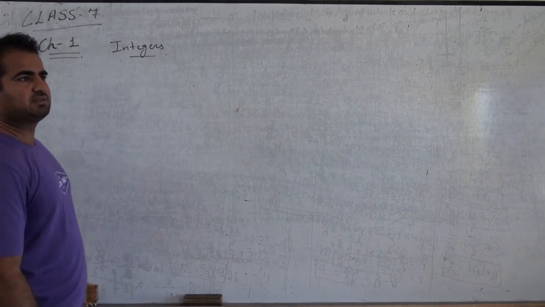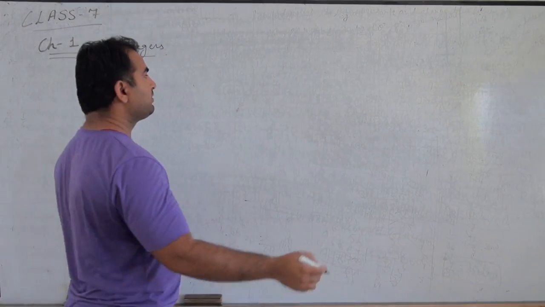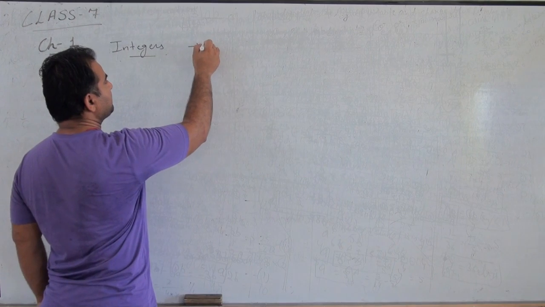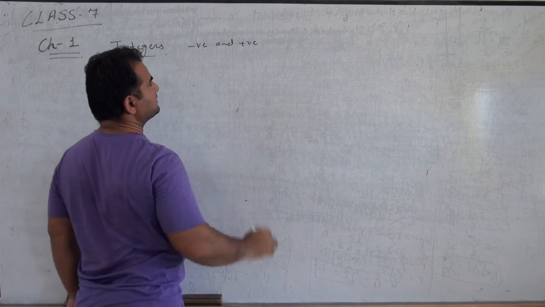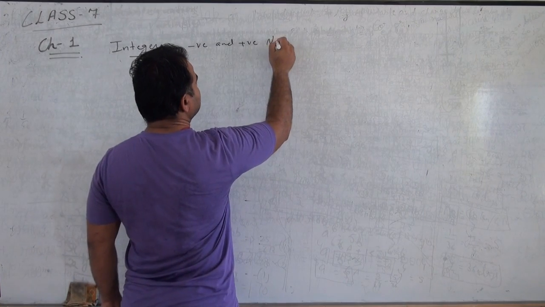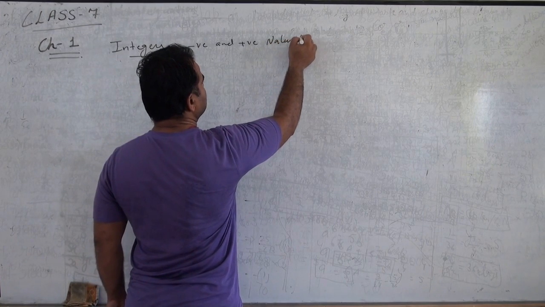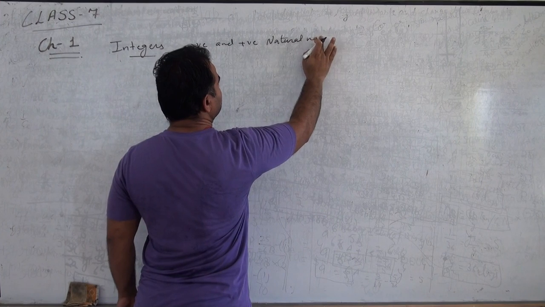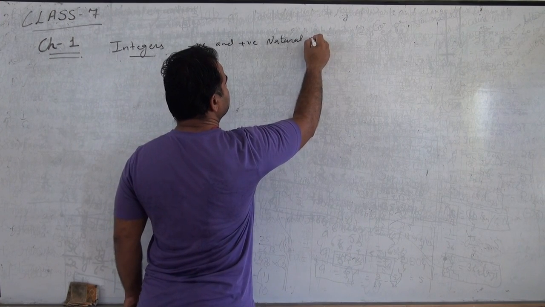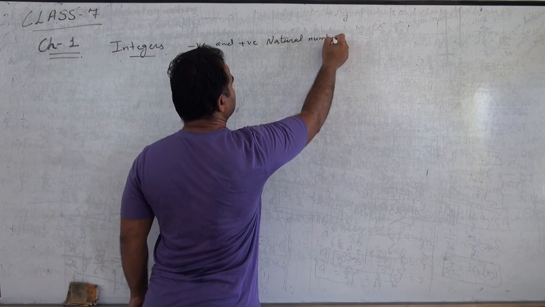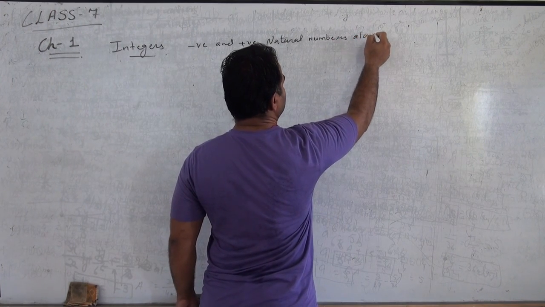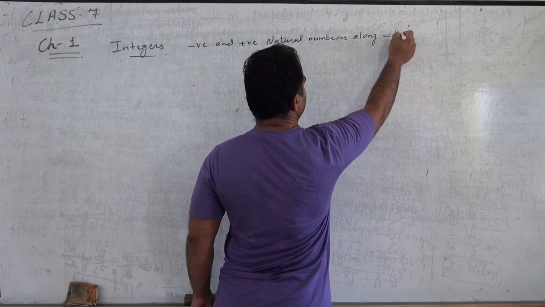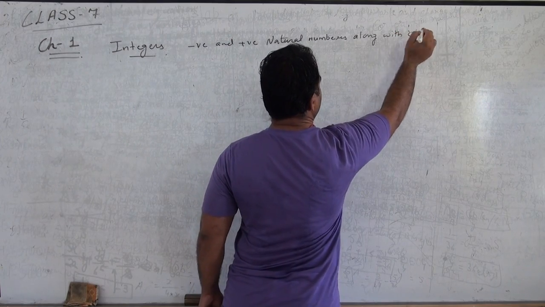So what are integers? Integers are all negative and positive natural numbers along with zero.